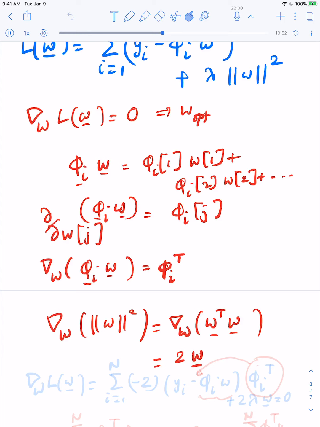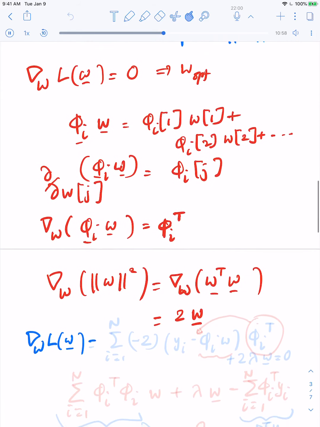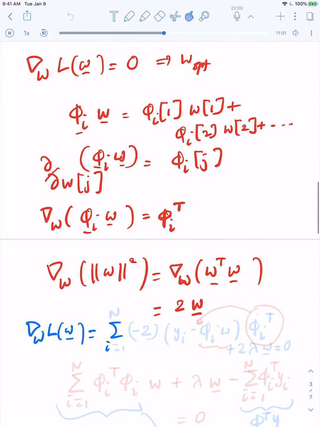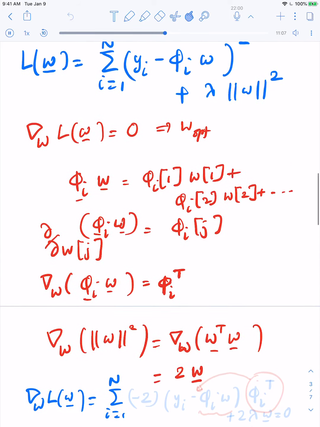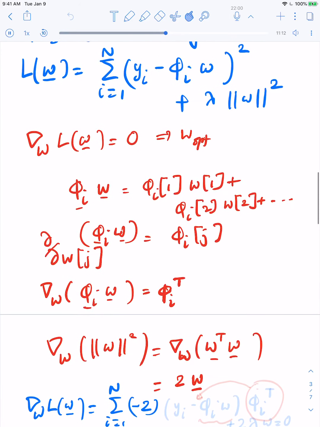So we do that. Now we go back to the cost function and compute the gradient. I'm going to compute the gradient of each of these n terms. Again, chain rule. I have minus 2 times yi minus phi i w, times the gradient with respect to phi i w, which is, of course, phi i transpose.